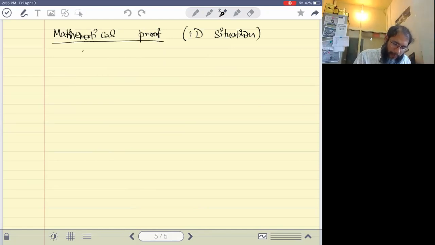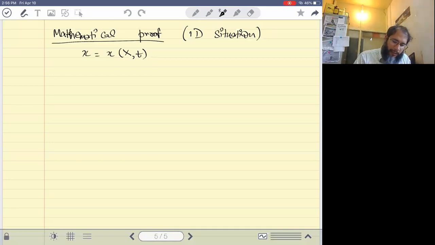We'll say that the description of motion is small x as a function of capital X and t. So you see that this time I'm not putting any vector signs because it's a 1D situation. So small x is simply one particular number. Small x denotes the Eulerian coordinate system, and capital X is the Lagrangian coordinate system.